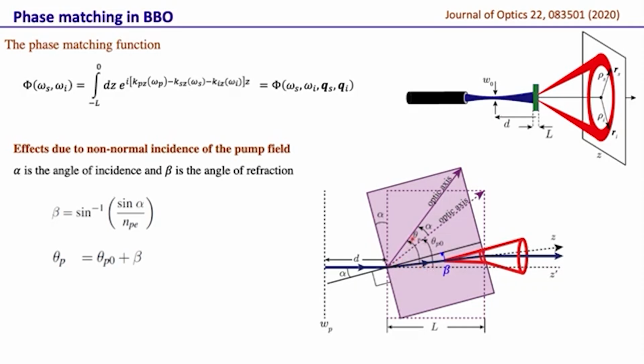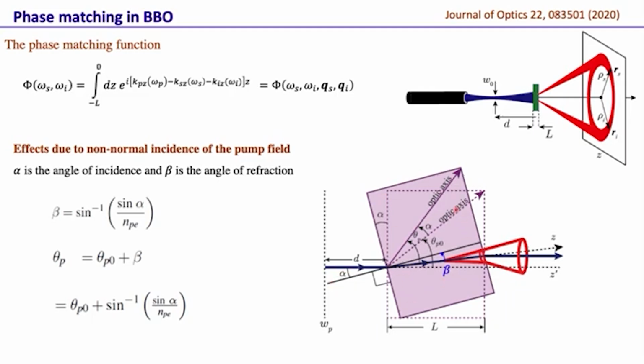In that case, this theta p that we are talking about, which is the angle between the optic axis and the direction of the pump inside the crystal, will change as a function of this alpha. So theta p depends on what this angle alpha is, that is, at what angle the pump is incident onto the crystal.